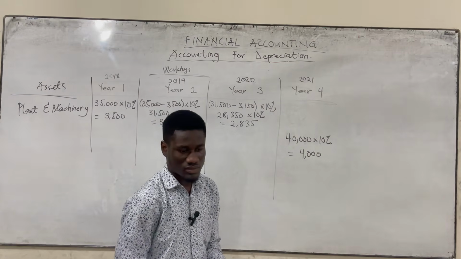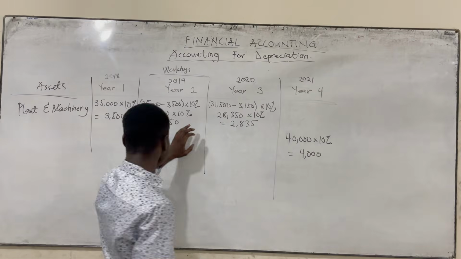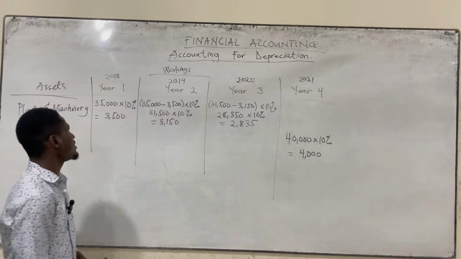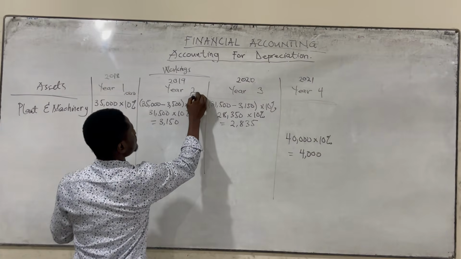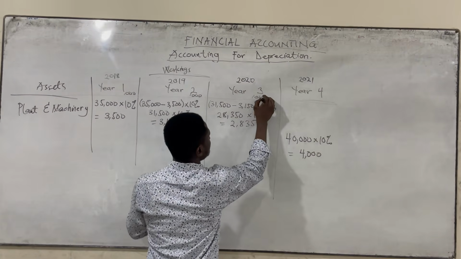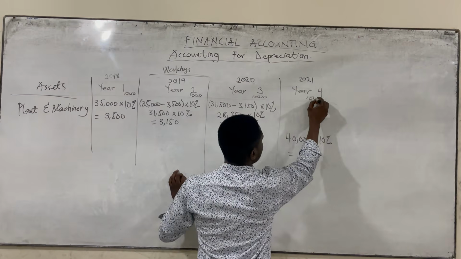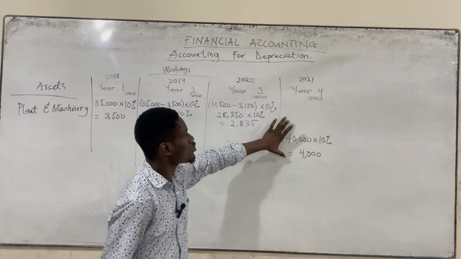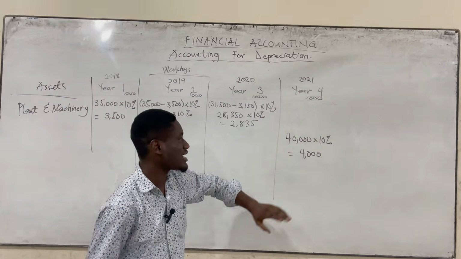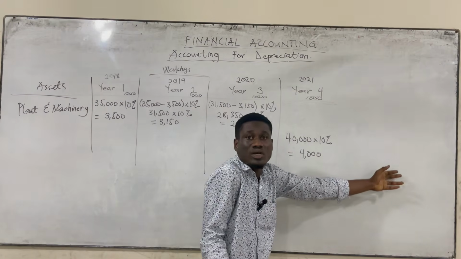4,000. Do you get it? Yes. The question is given to us in millions, so let's introduce our zeros here to make things simple for us. Good. You see, so for 2021, we had a depreciation. It's reducing balance because we are not to calculate for 2020.